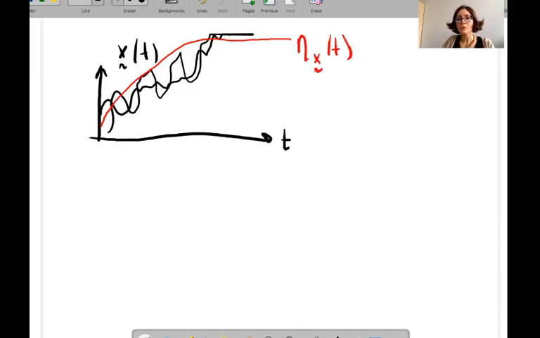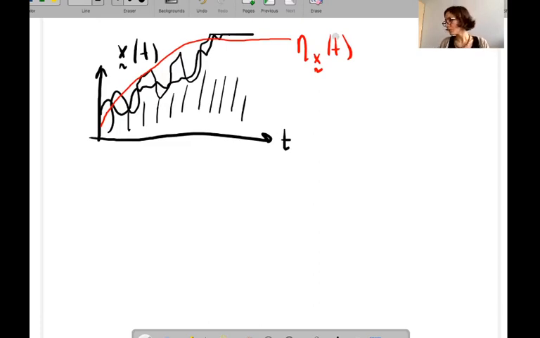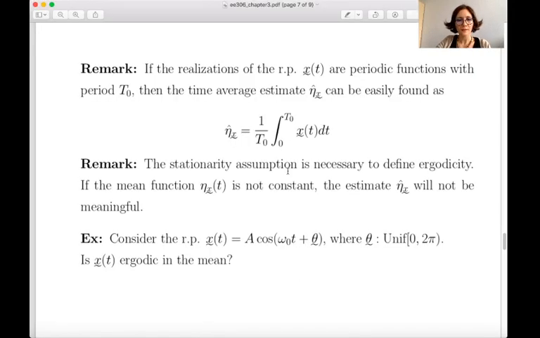So the mean function is variable with time. Would it make sense to take such a random process and try to take the time average, like take a single realization, integrate and then normalize by t, and then try to get this value? Obviously this wouldn't make sense. To be able to discuss ergodicity, you should first have stationarity.